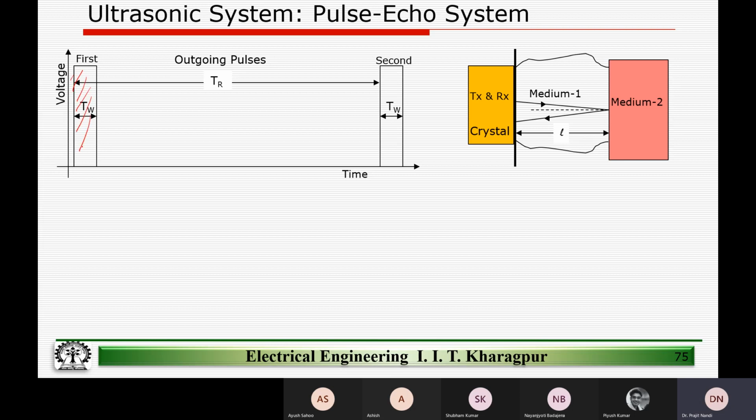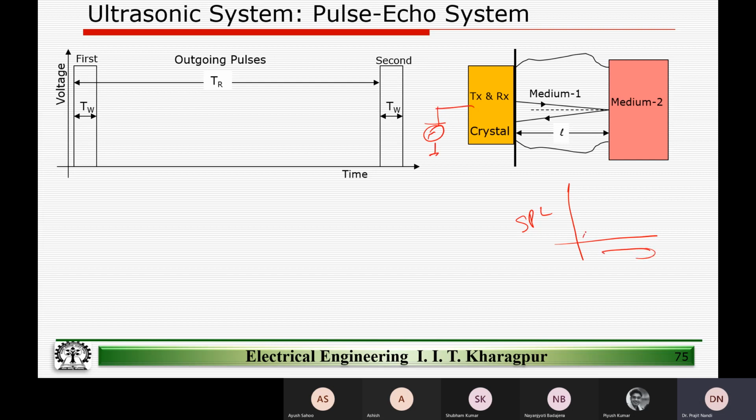We transmit a pulse of a certain width, TW, and of course, a certain voltage level is provided. And the higher the voltage level, and we are going to see this in a graph later on, the higher the sound pressure level. So if you plot the sound pressure level, SPL, versus, let's say, the input voltage that you are giving to your transmitter, right?